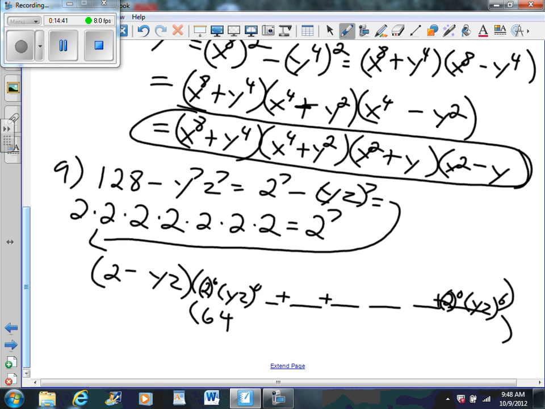And since yz to the 0 is just 1, don't write it again. 64 plus, and so on down, 2 to the 0 power is 1, then yz to the 6th. You can just leave it like that if you want to, or write it as y to the 6th, z to the 6th. You see how that works? So you fill in the rest of that. All right?